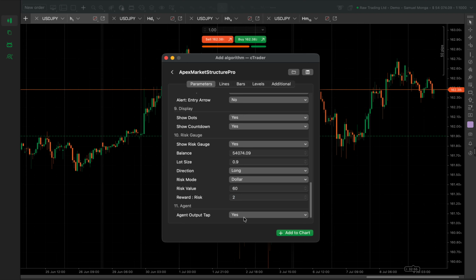So I leave this on yes, saying that I want the structure that the agents can see, or reading this indicator, to be visible to me, so it will be on background transparent. You will see it in a few moments. So I'm going to say add.